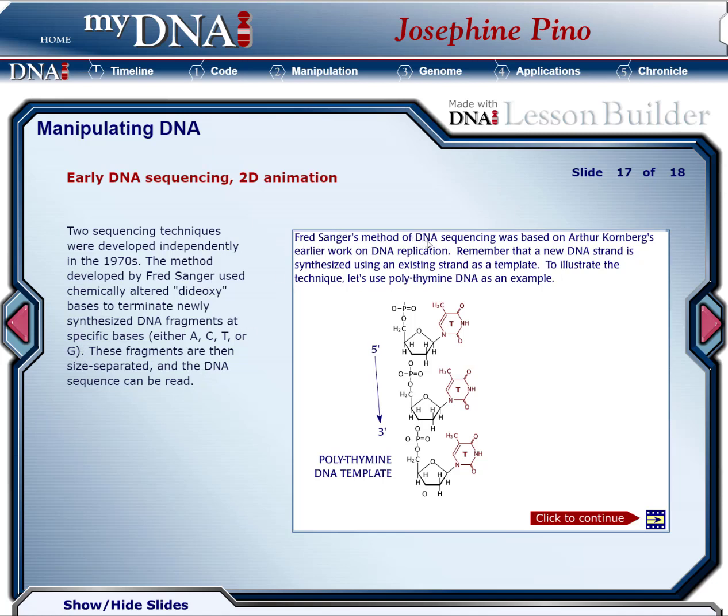Fred Sanger's method of DNA sequencing was based on Arthur Kornberg's earlier work on DNA replication. Remember that a new DNA strand is synthesized using an existing strand as a template. Okay, to illustrate the technique, let's use polythymine DNA as an example.